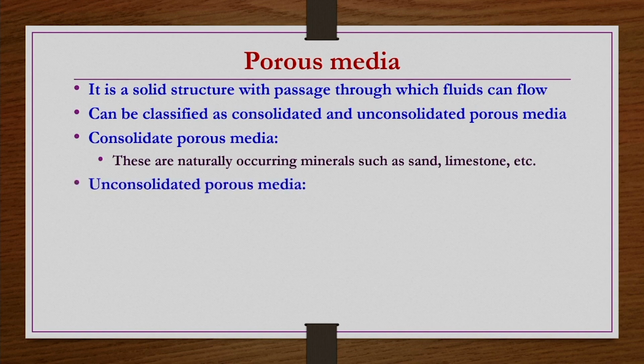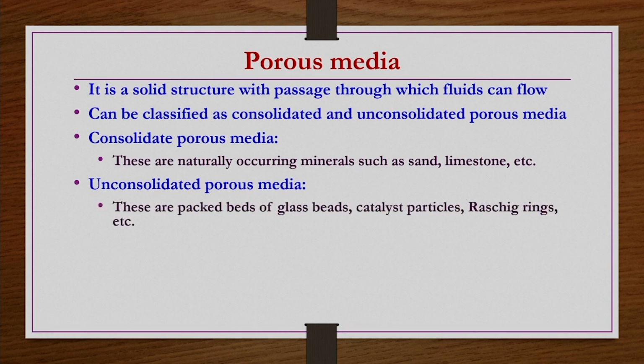Whereas with unconsolidated porous media, in general, we have heat transfer taking place through a bed of particles, or mass transfer taking place through a bed of particles, or a catalytic reaction taking place in a packed bed reactor where the bed is packed with catalyst or sand, etc. All that we do in general for our chemical engineering applications. Such beds or porous media are known as unconsolidated porous media.